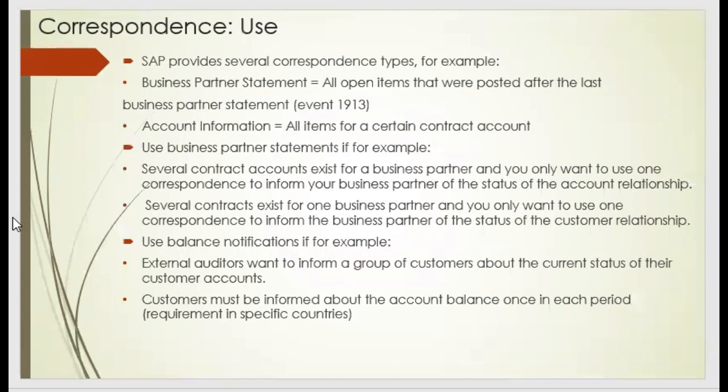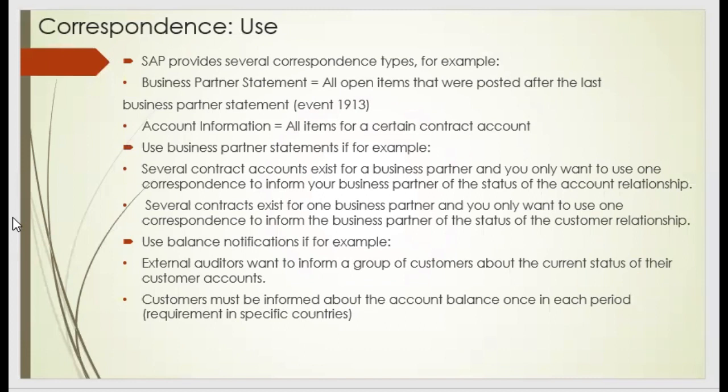Now, what is the use of this? The use of correspondence is very simple. We need to inform the business partner what the open items are, when they need to pay the amount, and all these details.